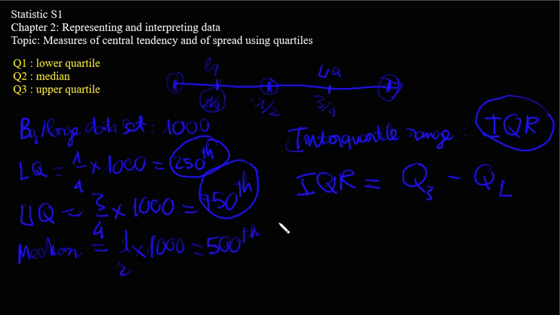So it means the upper quartile minus the lower quartile gives the interquartile range.